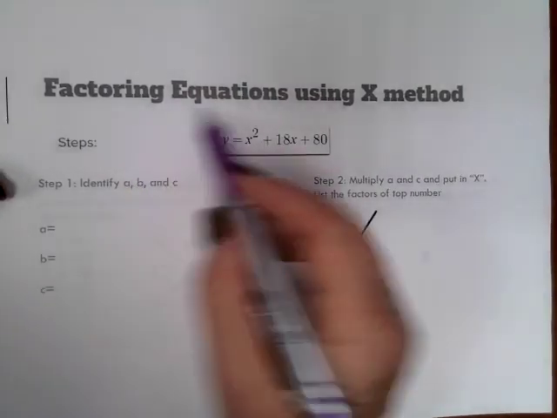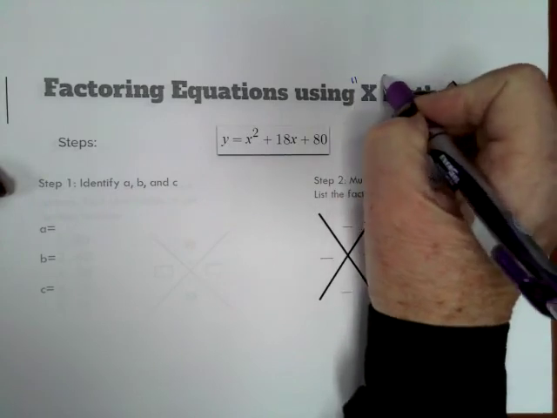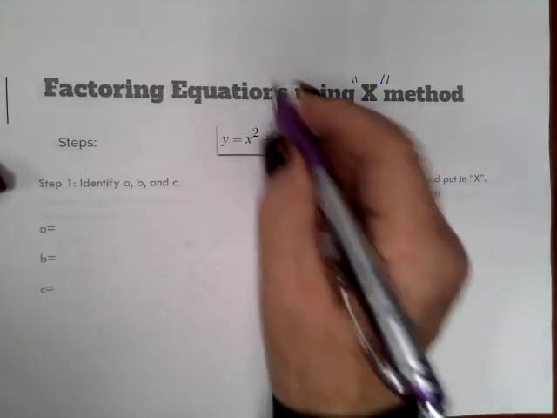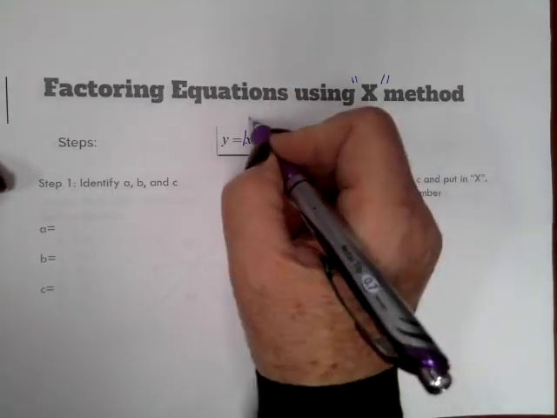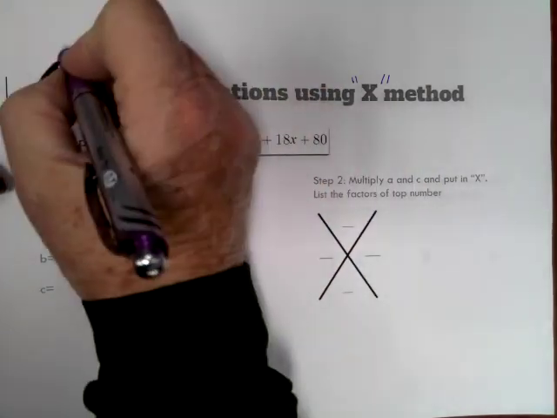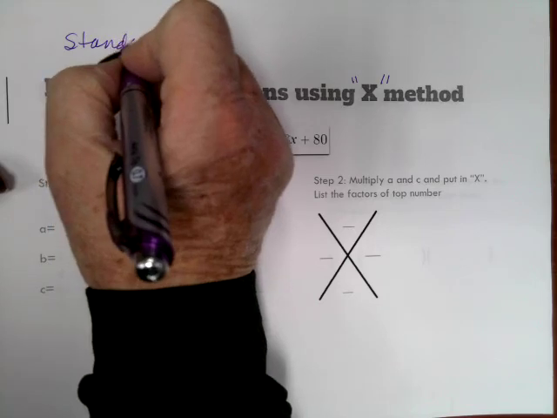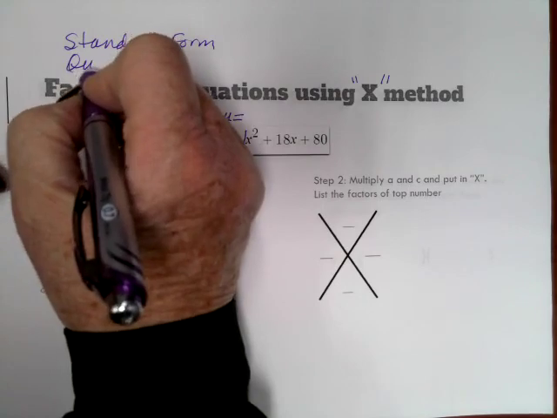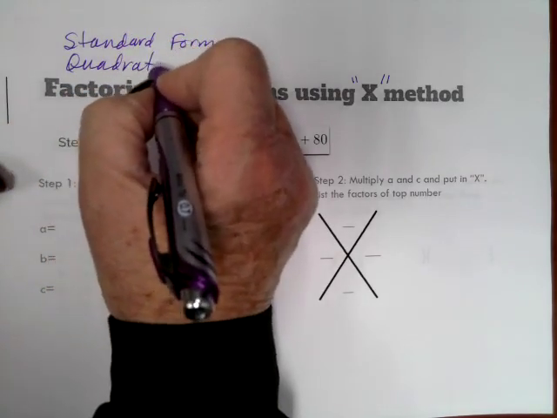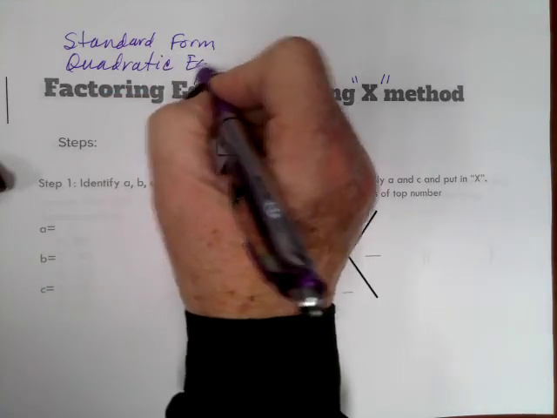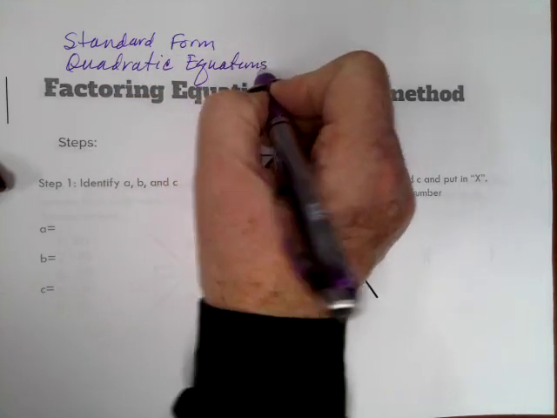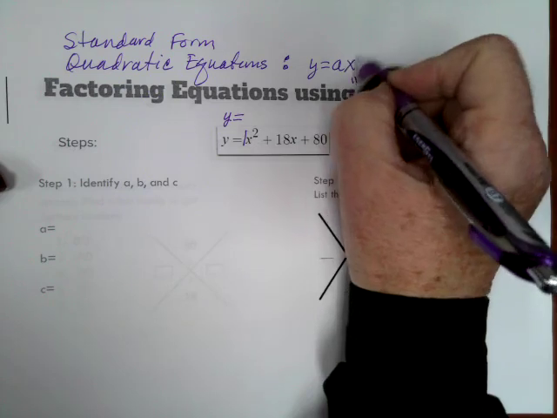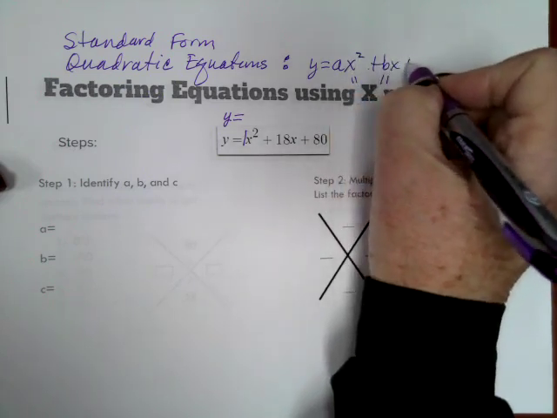Okay, factoring equations using what they call the X method, because we're going to draw an X over here. You identify a, b, and c. So this problem is in the standard form of a quadratic equation, y equals, or f of x, equals ax squared plus bx plus c.